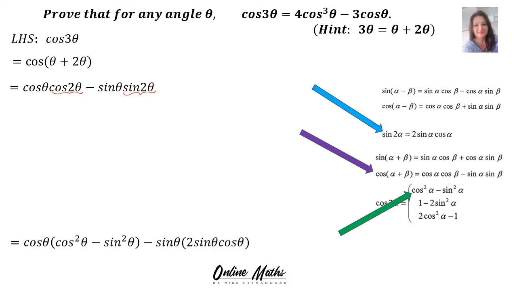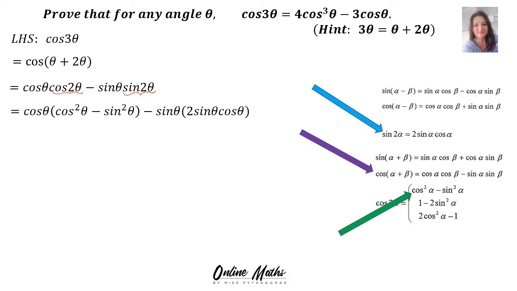Now, let's do it. In the place of cos 2 theta, I substituted the double angle 1 minus sin squared theta, and in the place of sin 2 theta, I substituted the double angle. Then, in the next step, I can multiply in the cos theta, and I end with cos cubed theta minus cos theta sin squared theta.